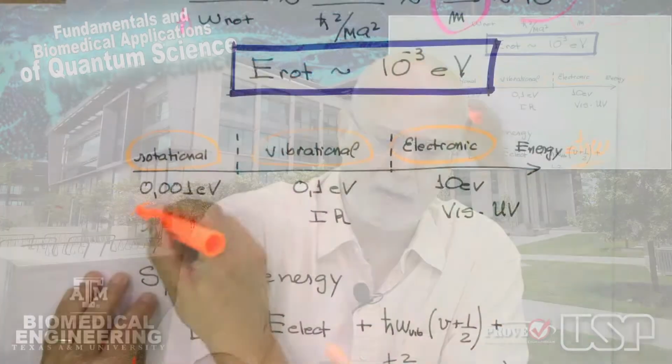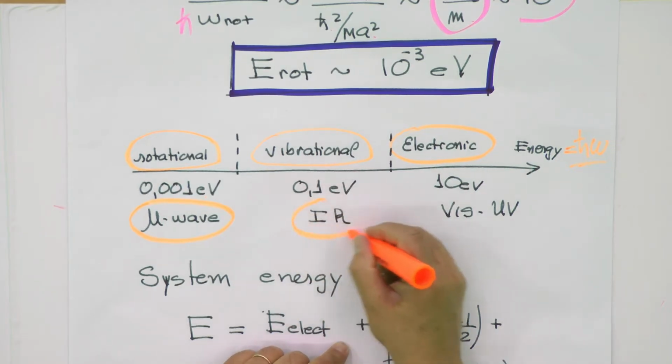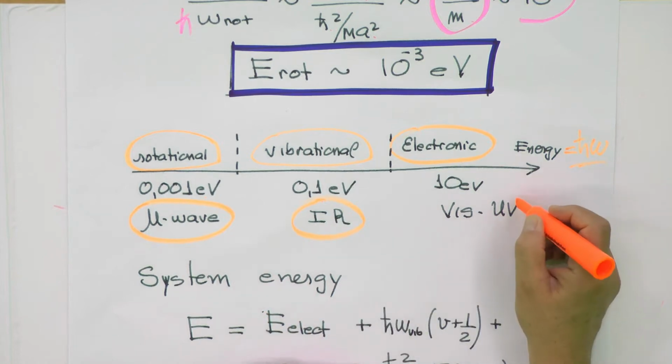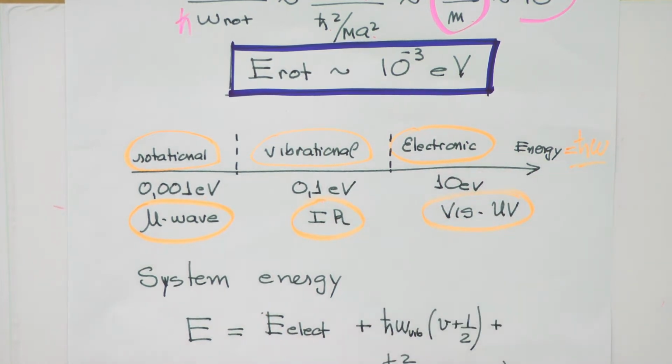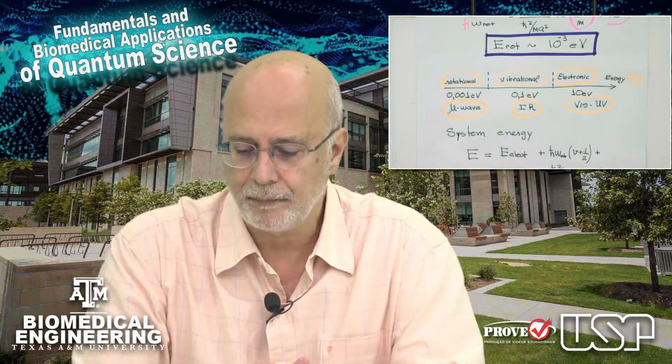So this is in the microwave. That's why microwave is good to excite rotation. This is in the infrared. That's why infrared means the vibration of the molecules. And this is in the visible and UV. And that's why we see things the way we see, with color and everything.